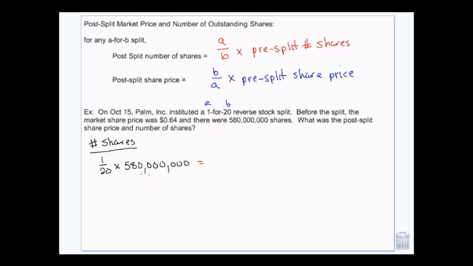Okay, so to do a fraction times a whole number, I'm going to do it this way. We take this 20 and we divide 580 million by it. Yes, 580 million divided by 20 is 29 million. This is my new number of shares outstanding.